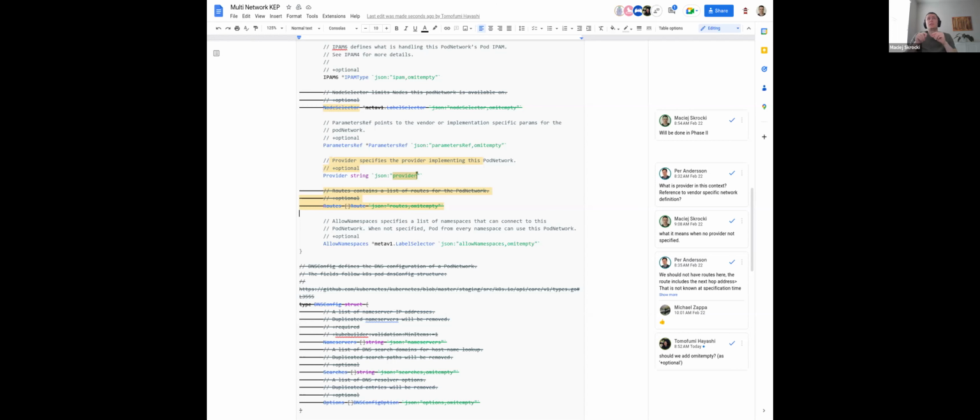An implementation can say, I will handle only the ones with provider X or my name in the provider, or I will handle all that are empty, since there is no provider, so I handle them all. And then if there is another implementation doing the same, you are not compatible with each other. But it will be up to the implementation whether I handle empty ones and my name, or only my name. I think that's what it would mean.